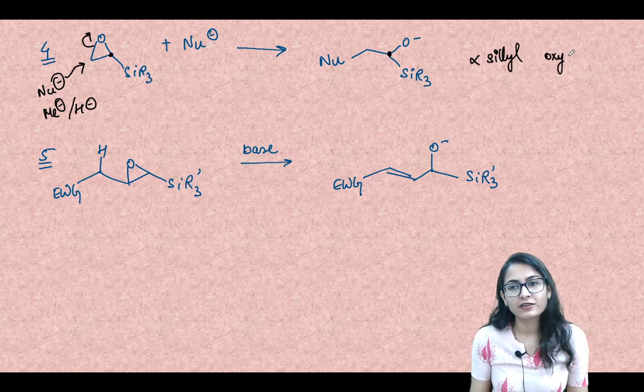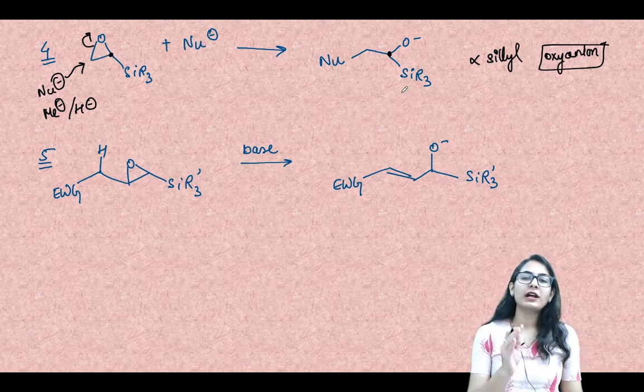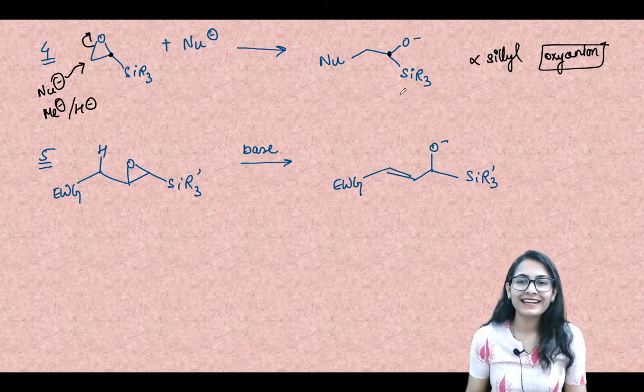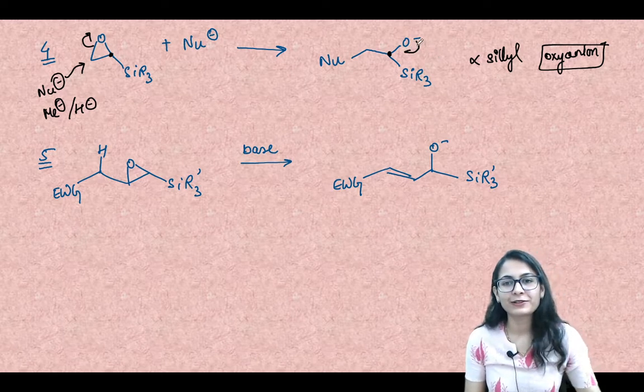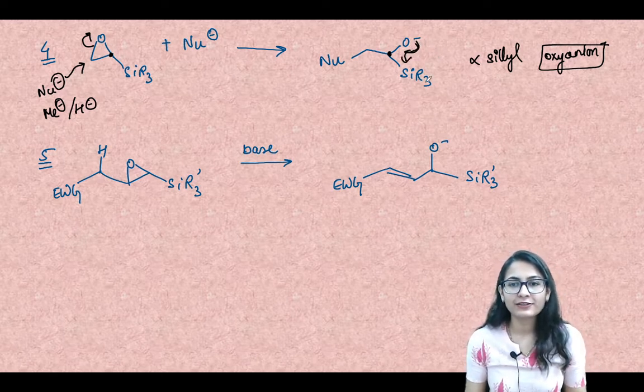oxyanion. So more focus on the oxyanion till now. Yes, after the rearrangement it is going to give you alpha silyloxy carbanion. Okay, so very confusing words but very nice also. So let's say the attack is on silicon, and now you get the same thing that we were doing.